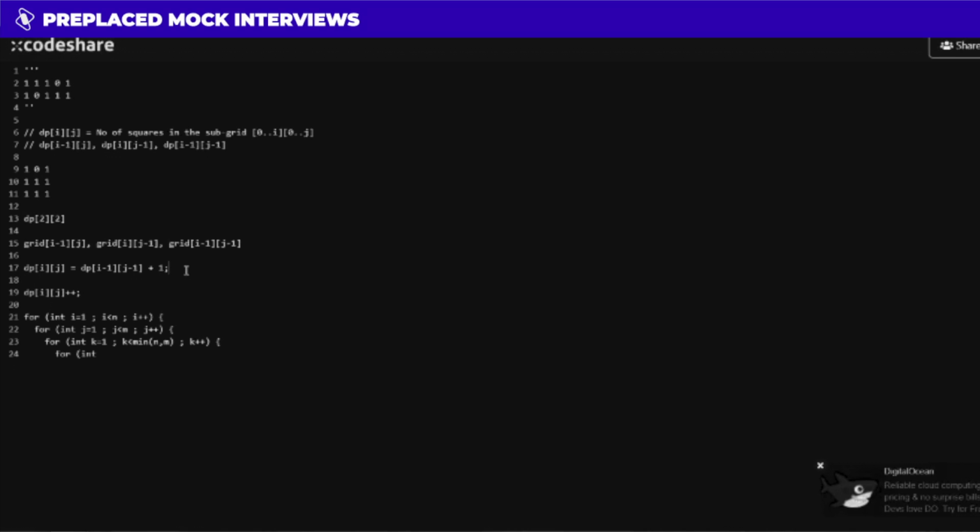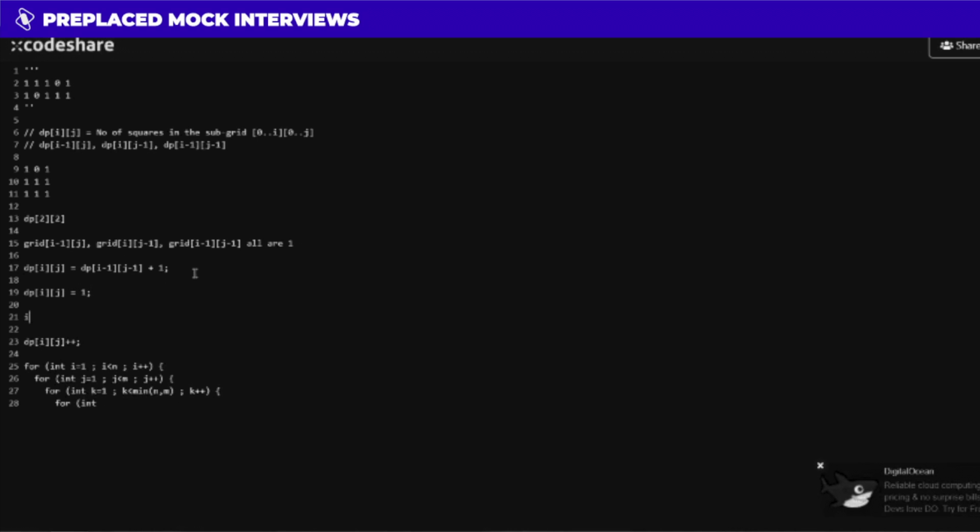If all of them are 1, yes. If that's not the case, if one of them is 0, then definitely I couldn't get a square from this, so that'll just be 1 actually. Now this is for the case when grid of ij is 1, and if grid of ij equals 0, then dp of ij is 0.